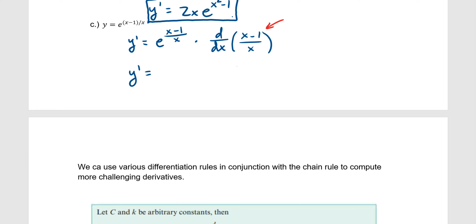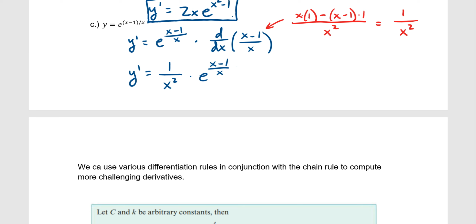Quotient rule here is going to be low d high minus high d low all over low squared. And if we simplify that, we get x minus x is 0. We actually get 1 over x squared. So we get 1 over x squared times e to the x minus 1 over x. So a little bit messier, but same exact concept.